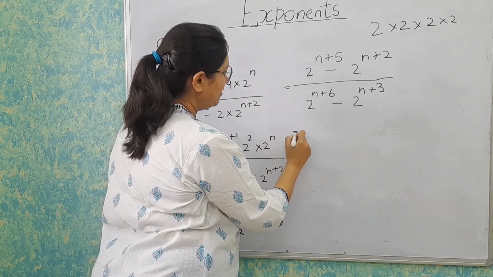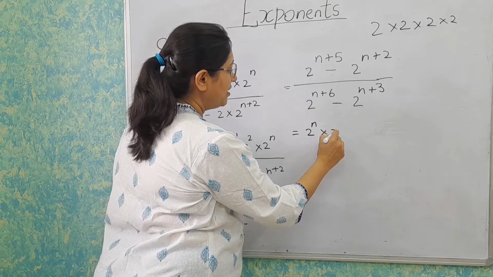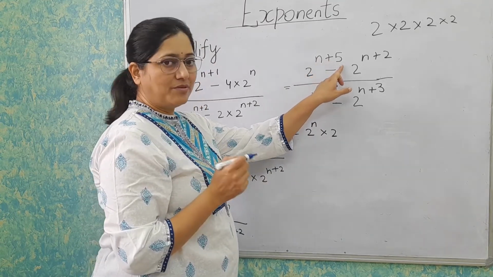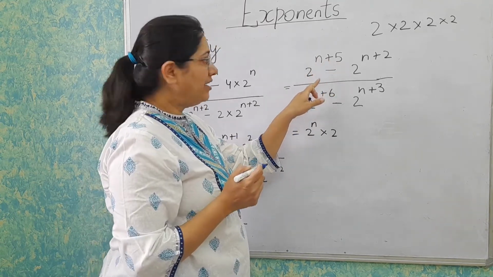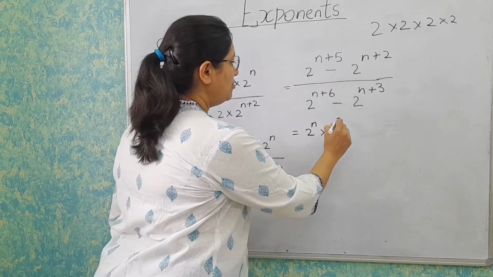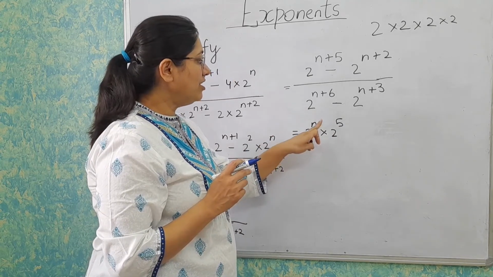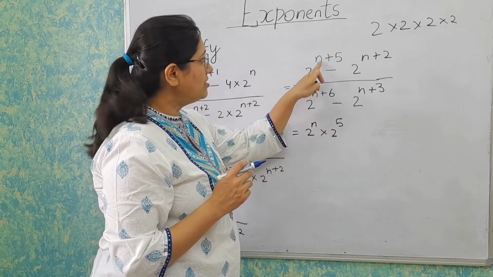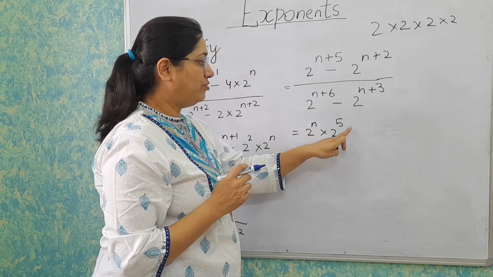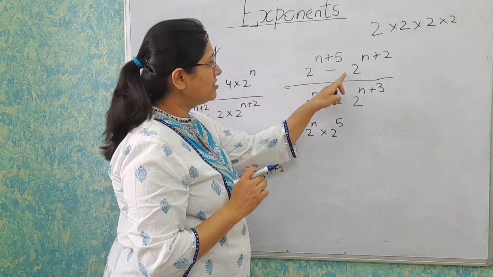First I will write 2^n multiplied by 2^5, because you know that n plus 5 is the power of 2, and in multiplication only we add the powers. So this 2^(n+5) can be written as 2^n multiplied by 2^5. I will do the same procedure with this number also.